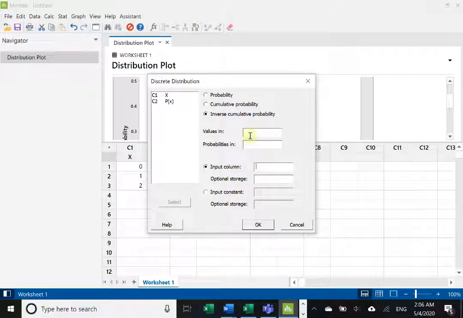Okay, so this is what it should look like. Now, I'm going to choose probability. Where are the values? They're in X, so select it. Where are the probabilities? Double click, select it. And my input column, I'm going to choose it to be X again.